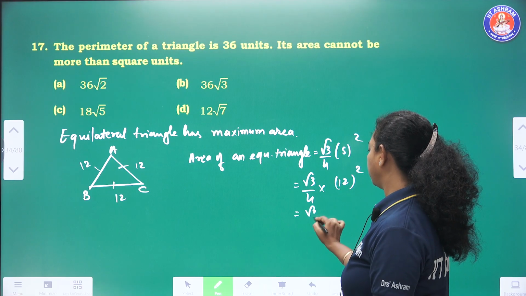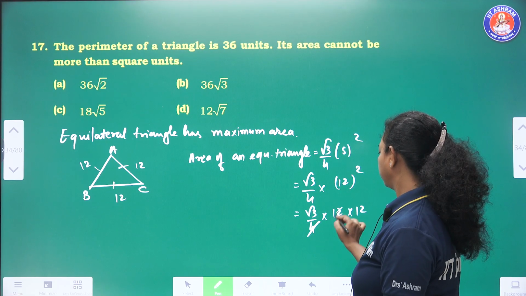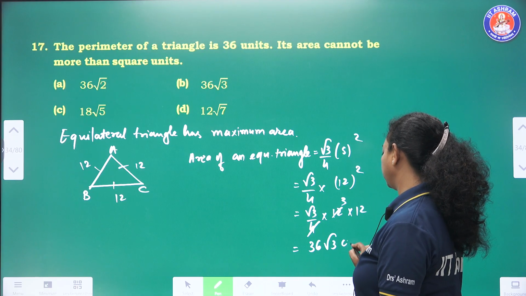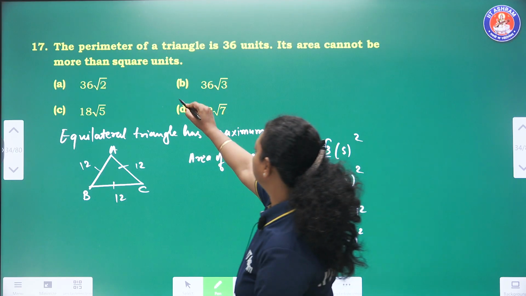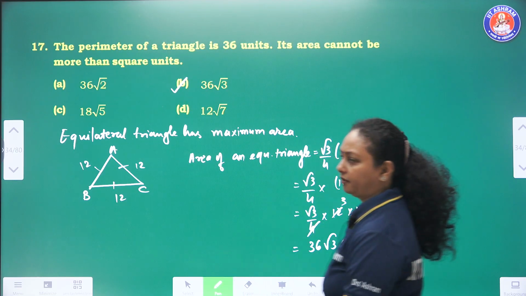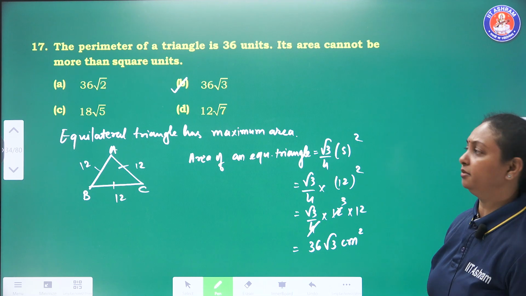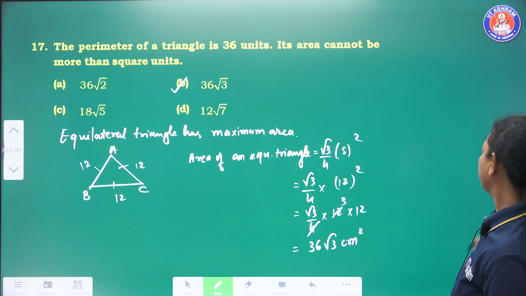So it is root 3 by 4 into 12 into 12. So it is 36 root 3 centimeter square. So maximum area is 36 root 3. So the area of a triangle with perimeter 36 units is never greater than 36 root 3 centimeter square.